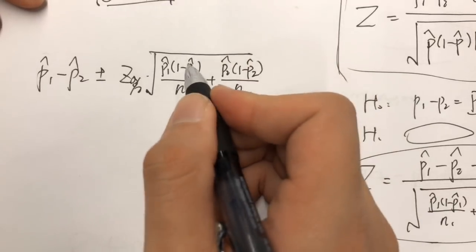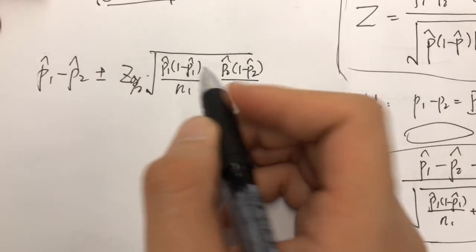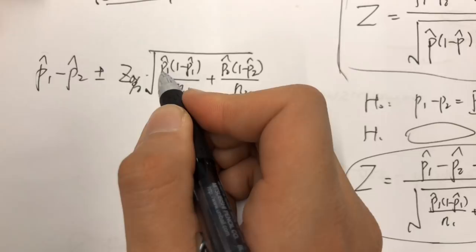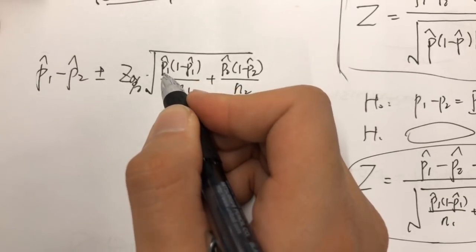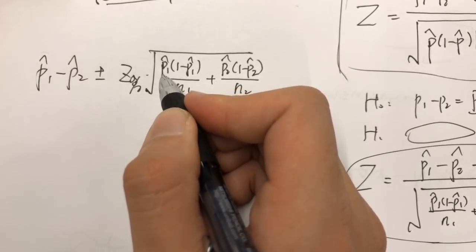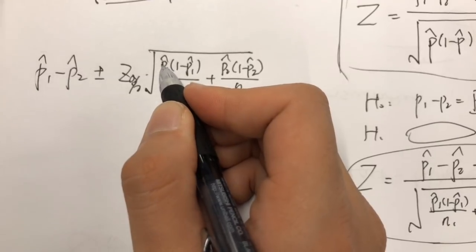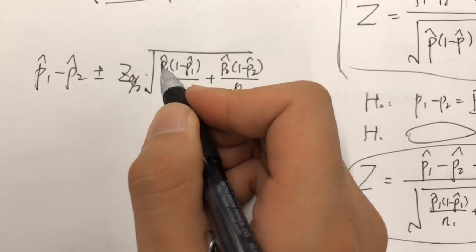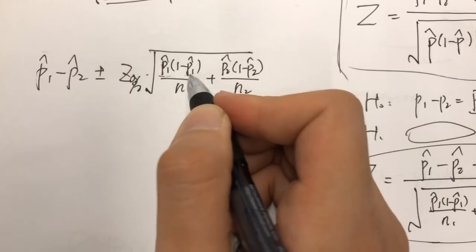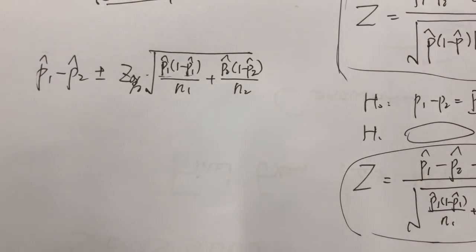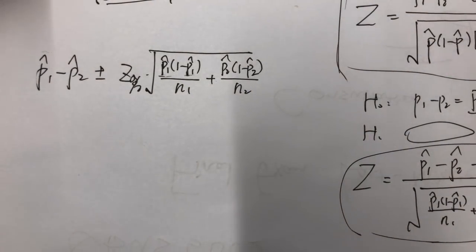It doesn't matter whether there is a P hat or not, because even though it should be P here, we don't have access to the population proportion. So all we can use is P1 hat and P2 hat, okay?